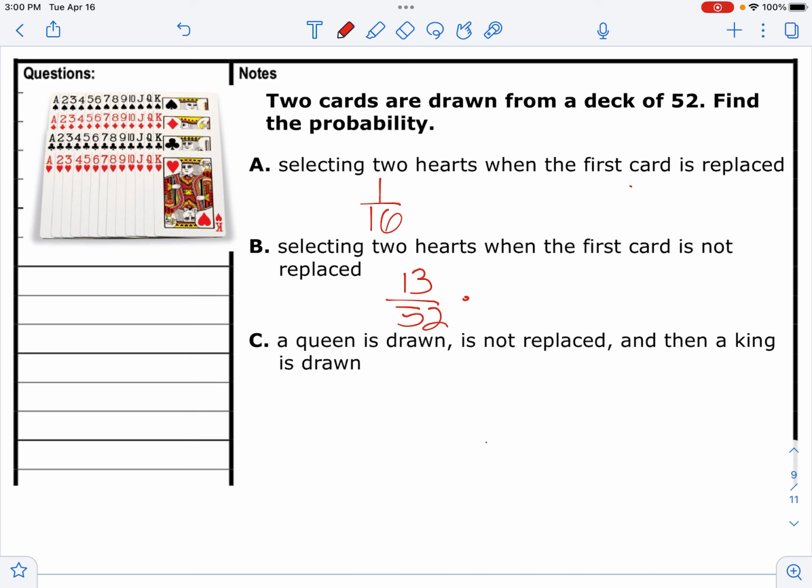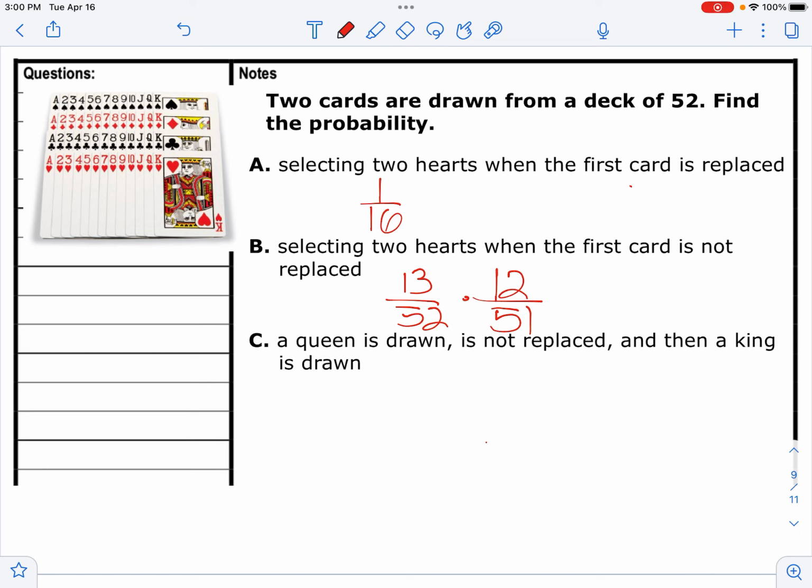Now, if I don't replace the card, then I want to assume that the first card is a heart, because it says probability of the second thing, assuming the first thing had happened. So now, assuming I got a heart the first time, there's 12 left. There's also only 51 cards. So I want to do 13 over 52 times 12 over 51.